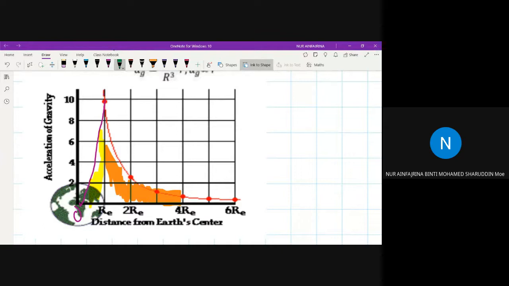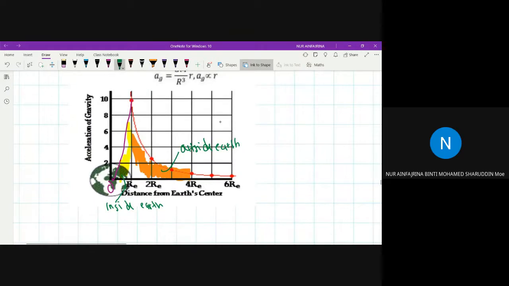So kita ada dua, inside and outside. Dekat sini, inside earth. Yang dekat sini adalah outside earth.